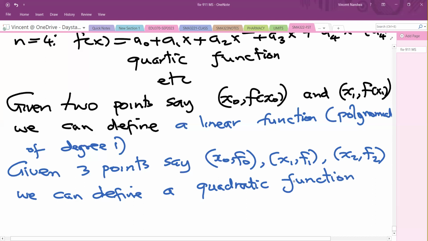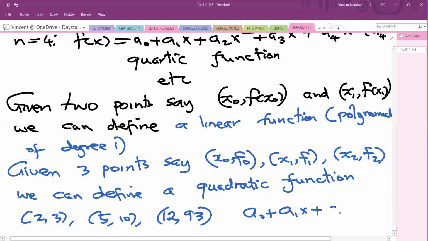If you remember your linear algebra work, there are cases where you have been told to find a polynomial that passes through, say, 3 points, maybe given 2, 3, 5, 10, and 12, 93. So you replace each value of x into the general structure of the quadratic function, form a system of 3 linear equations, then solve for the unknowns a0, a1, and a2.